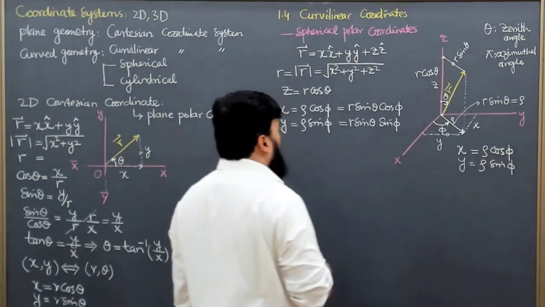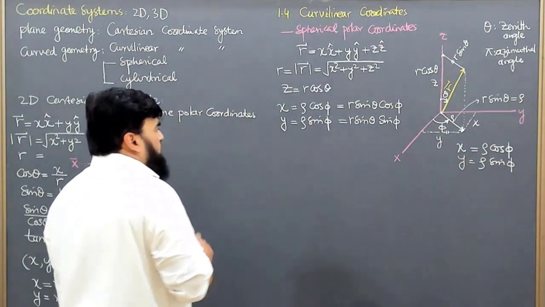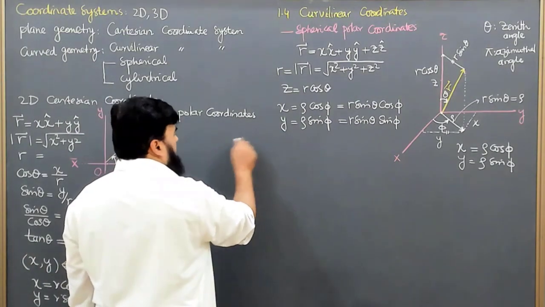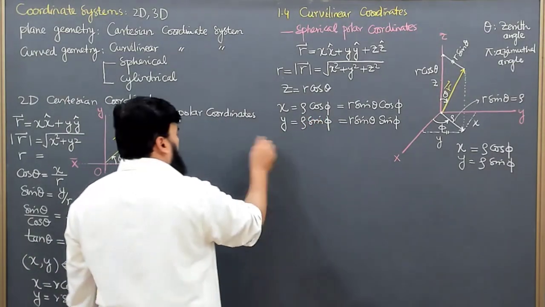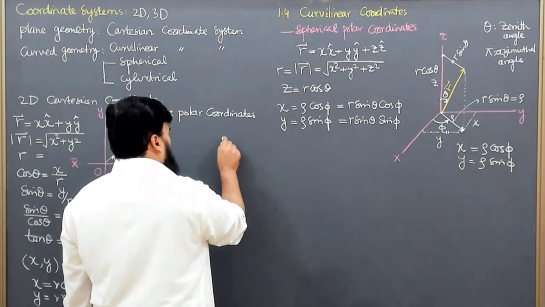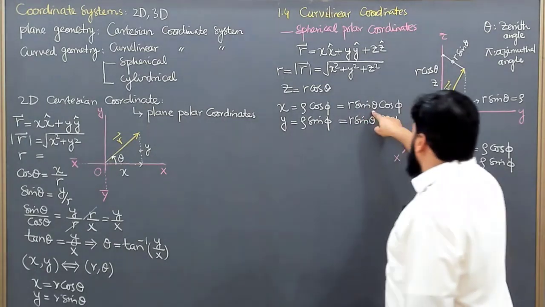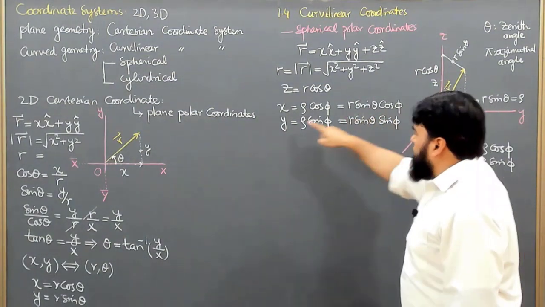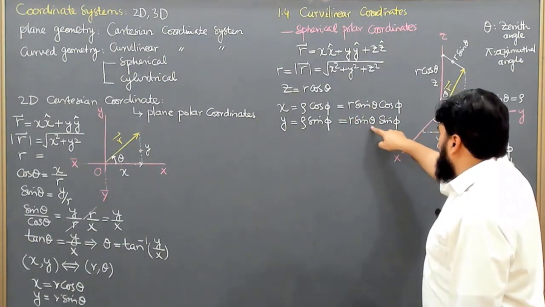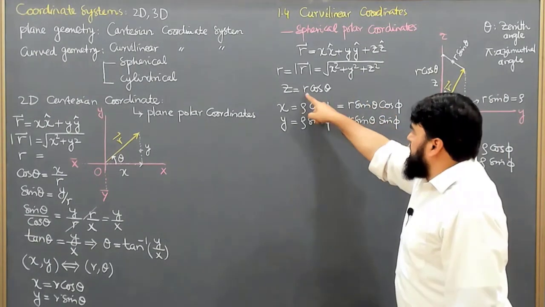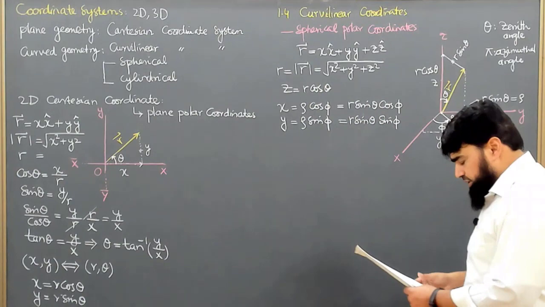So I have found the three components x, y, z, which were required. I got that x is equal to r sine theta cos phi, y is equal to r sine theta sine phi, and z is equal to r cos theta.